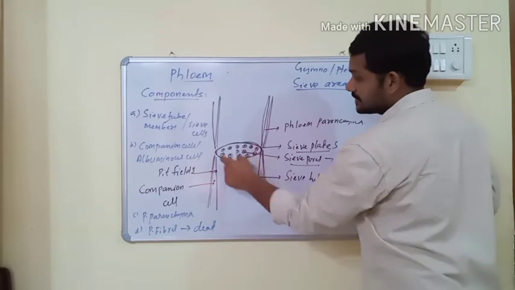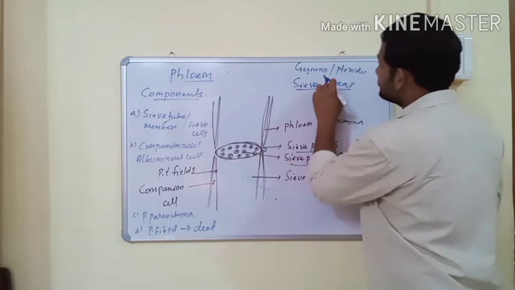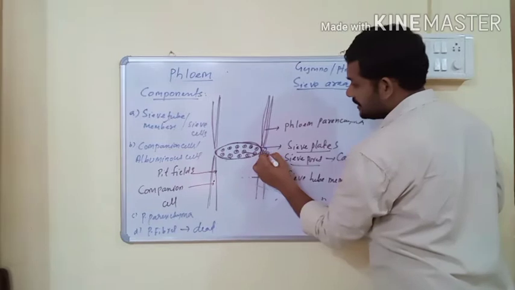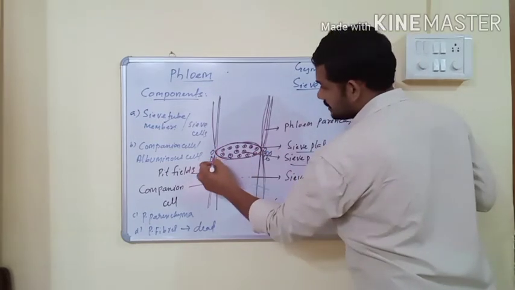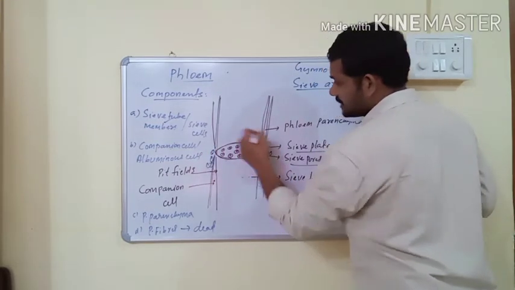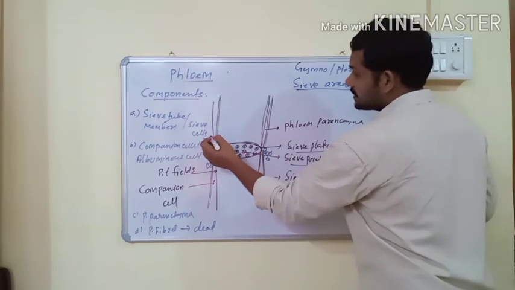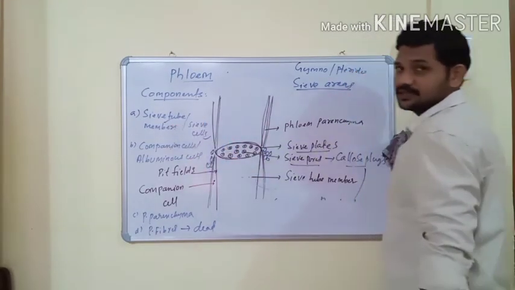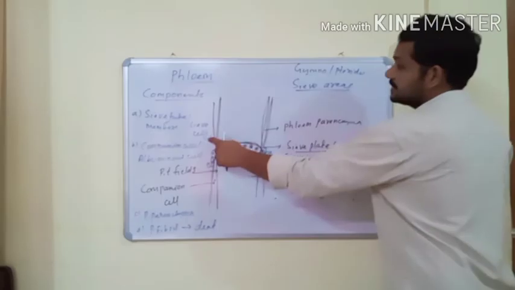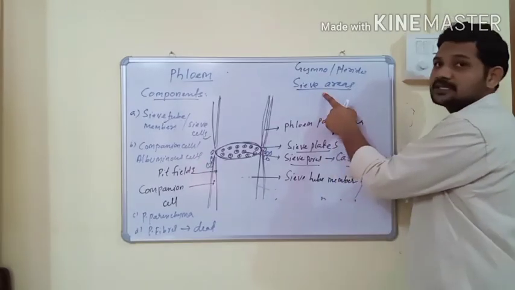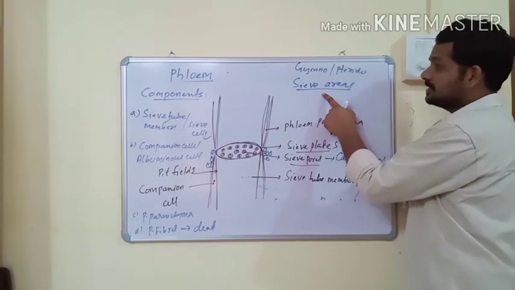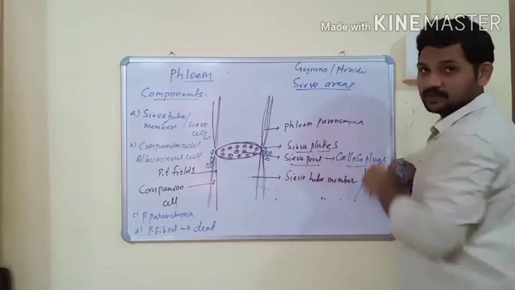But when the sieve plate is absent, as in sieve cells, the sieve areas are present on both lateral and horizontal sides. That's why sieve cells are more primitive than sieve tube members. All the adjacent sieve cells are connected through sieve areas, and sieve areas are more primitive than sieve plates.